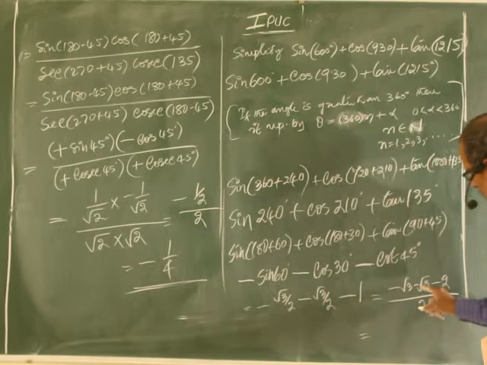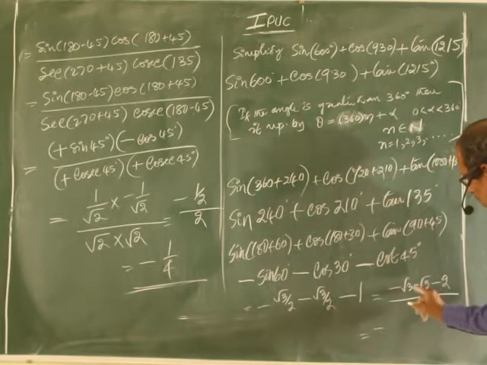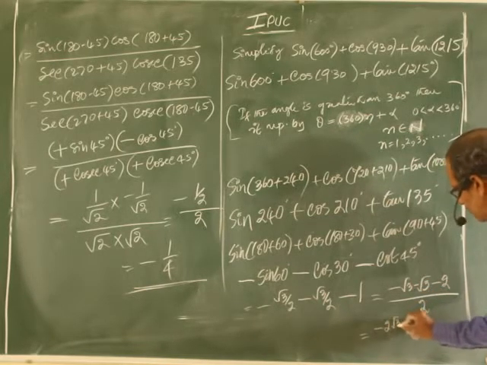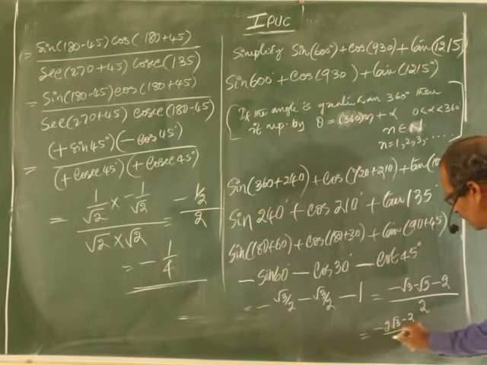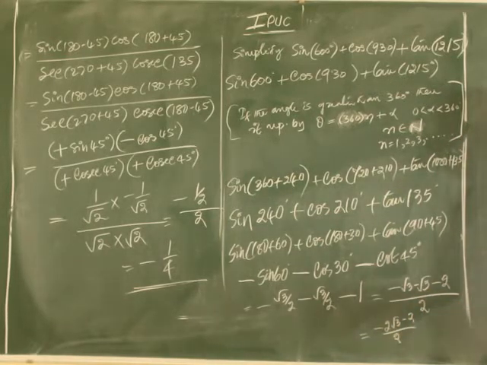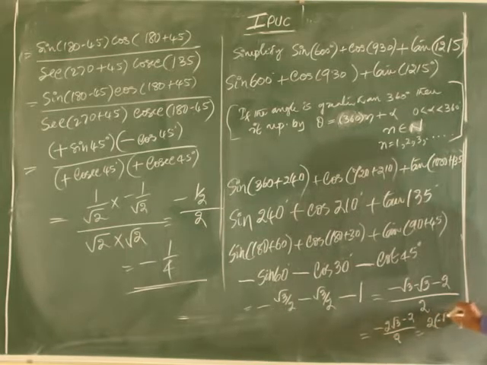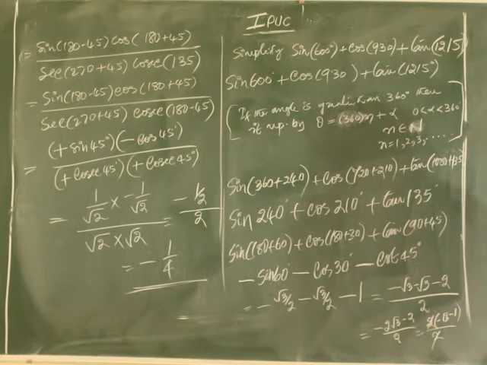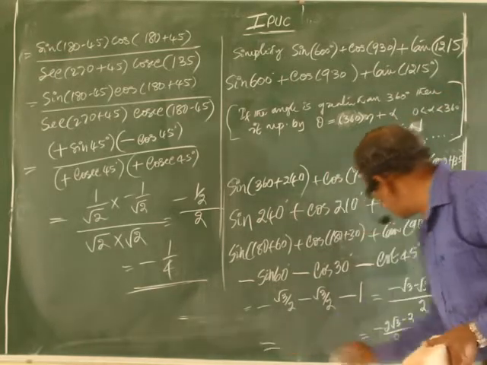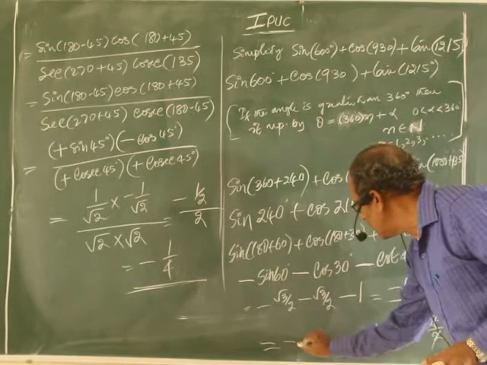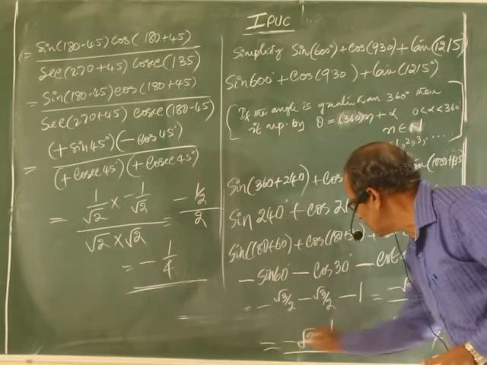Or minus 2 root 3 minus 2 by 2. Or 2 can be taken outside. 2 into minus root 3 minus 1 divided by 2. Final answer is, shall I write here, equal to minus root 3 minus 1 over.